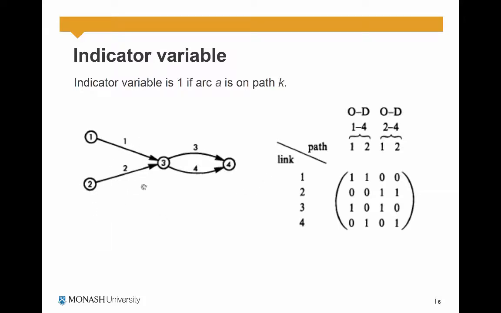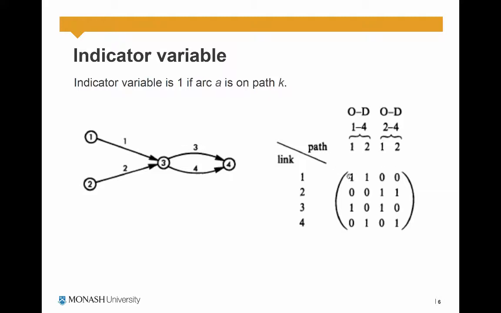Again, for simplicity, I'm not including the short paths between 1 and 3 and 3 and 4 separately. But let's have a look at this indicator variable matrix. So the first column represents one of the paths, path number 1, between node 1 and 4. So the first path that connects node 1 and 4 includes link 1 and 3.